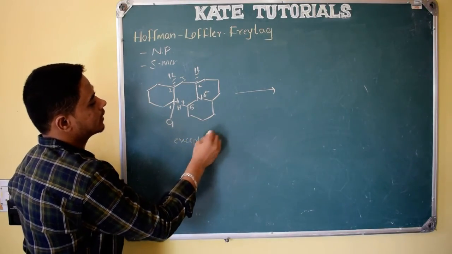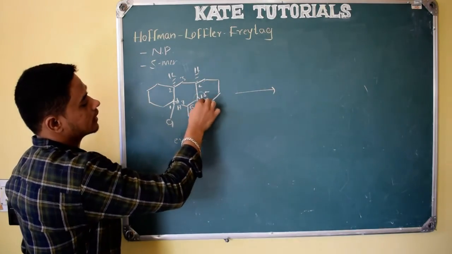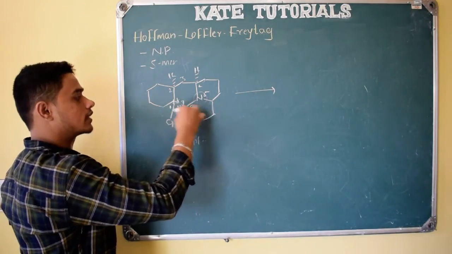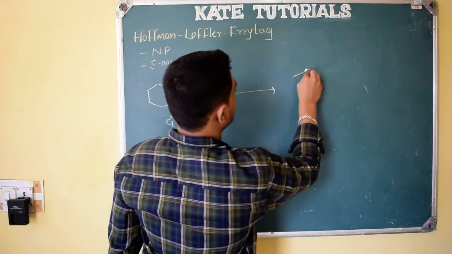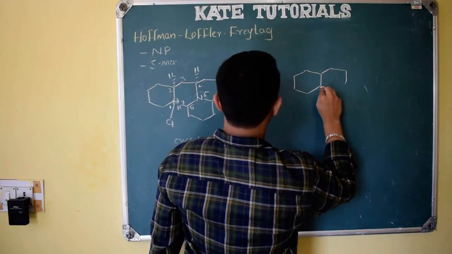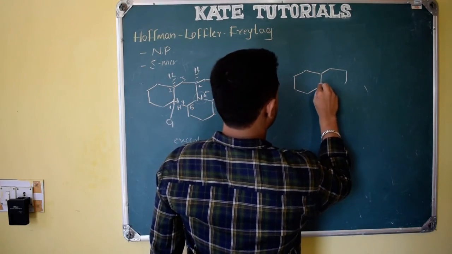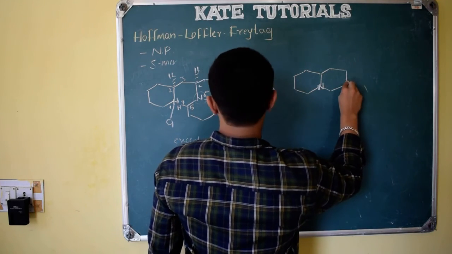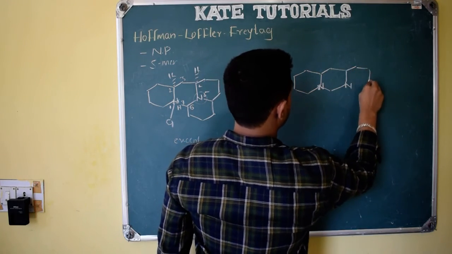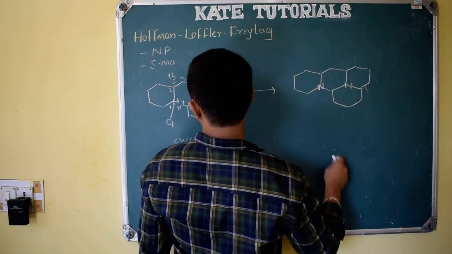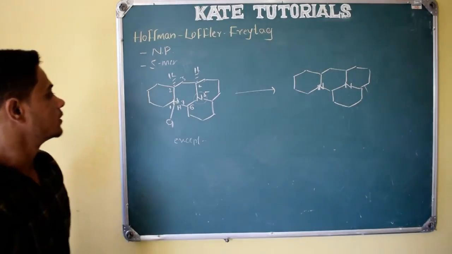Why has it happened? Because at the 5th position carbon is not there, a heteroatom is there, but at the 6th position carbon is there, hydrogen is there. So the reaction has happened and the product is like this, and the mechanism is the same as we have discussed. Nitrogen is there, and here also one nitrogen. So this is the product.